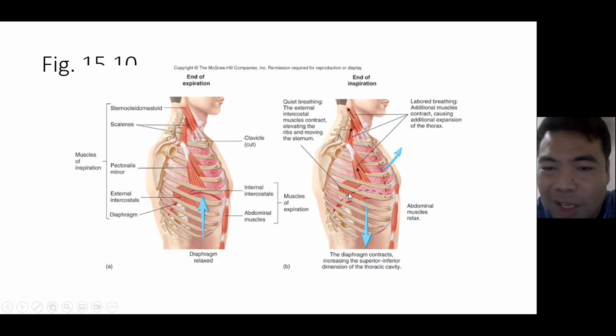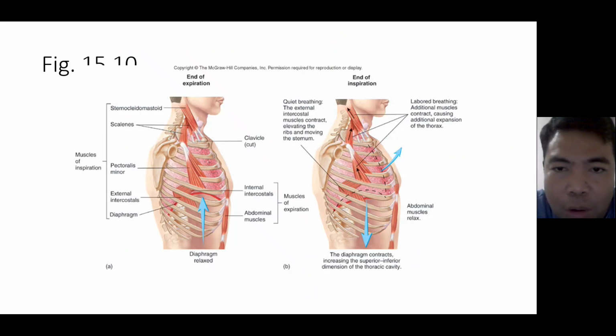It's your external intercostals and your diaphragm. And take a look at what is happening in your diaphragm. Your diaphragm descends, or it flattens. So ang resulta, lumalaki yung volume or yung size of the thoracic cavity.